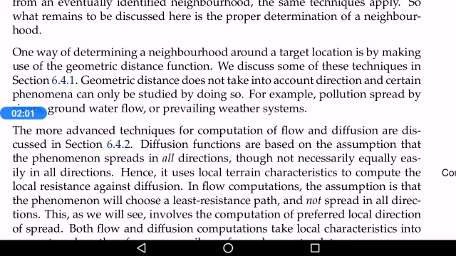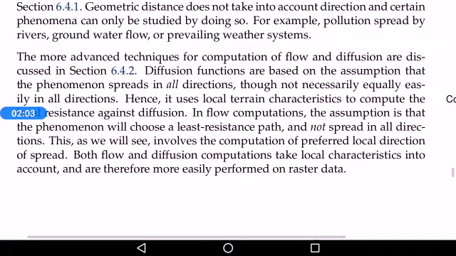The second one is flow computation. Flow computation means the phenomenon is going to spread, but it will choose a particular path. This path is the least resistance path. That means it is going to choose a path to flow out of the different paths, depending on which path is providing it the least amount of resistance, and it will not spread in all directions.